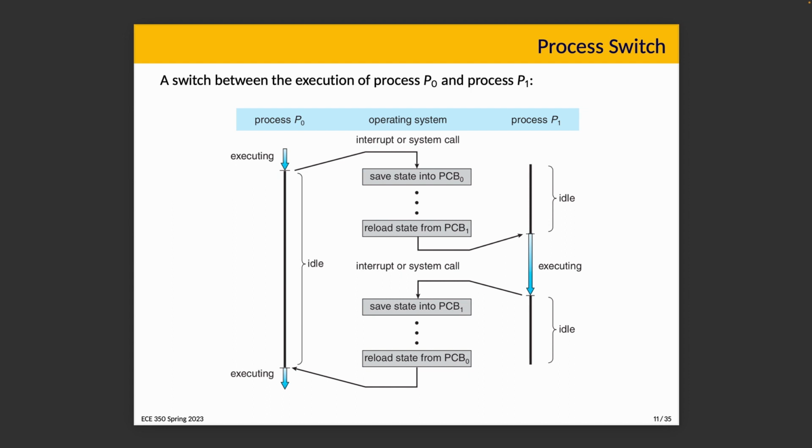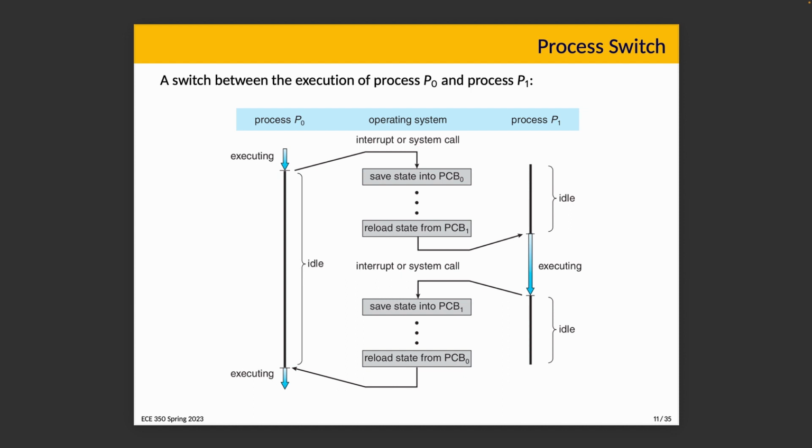And then it will execute for some time until there is an interrupt or system call. And again, the operating system takes over, and we will save the state of process 1. There'll be some scheduling. We're going to imagine in this case that it chooses process 0 to run next, and then process 0 is restored to execution.